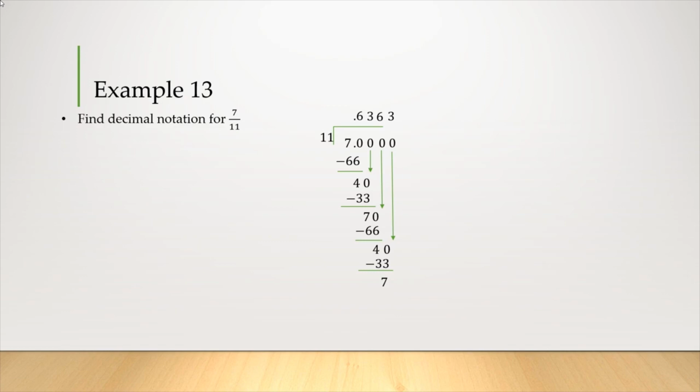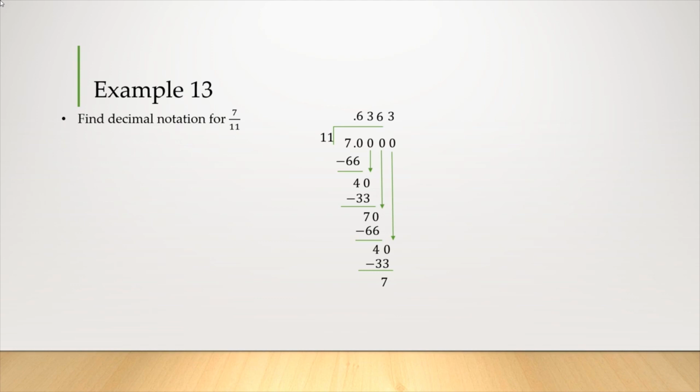All right, so here's an example of 7/11. And so I did, how many times does 11 go into 7? And you can kind of see my work there with the long division. And then notice that the 0.63, you can kind of see the pattern, like you have 66 and then 33, and it kind of repeats.